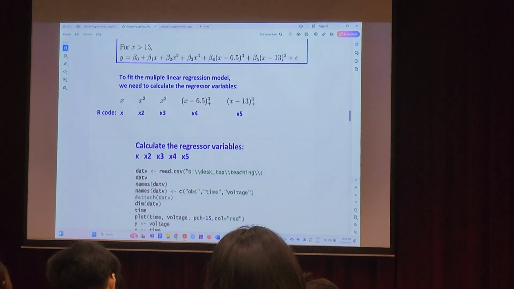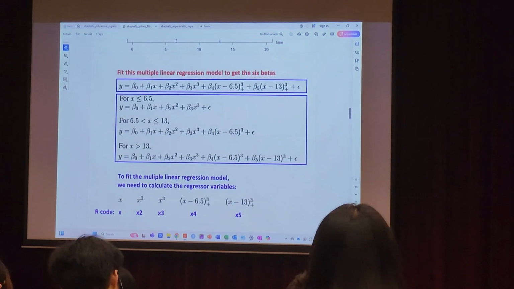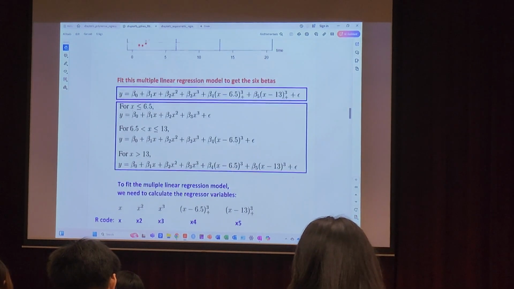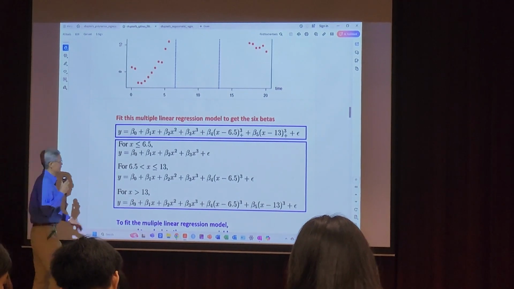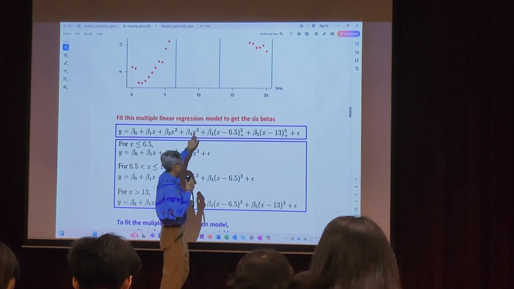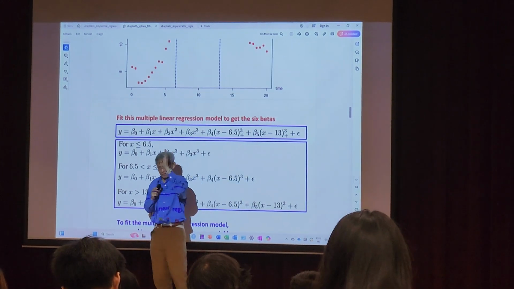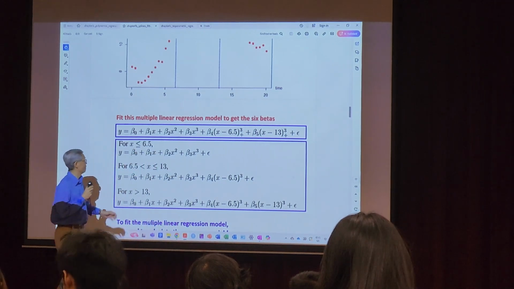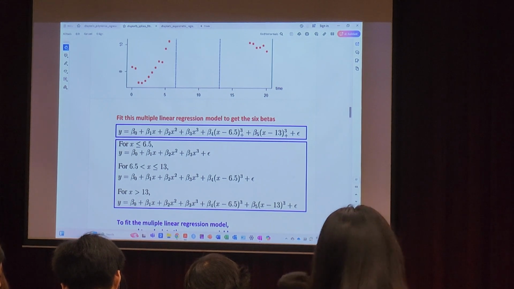Okay? So, when I want to fit the multiple linear regression model, I need to calculate all the regressors. This one I know. And then I need to calculate this and this. Now if I can produce these 5 columns of numbers, I can use LM to fit it.